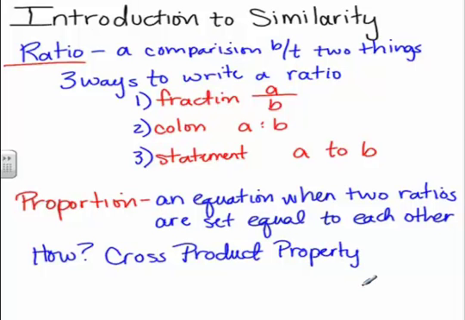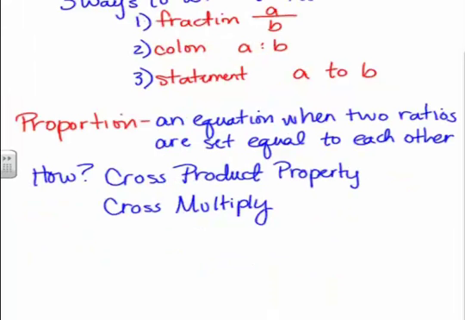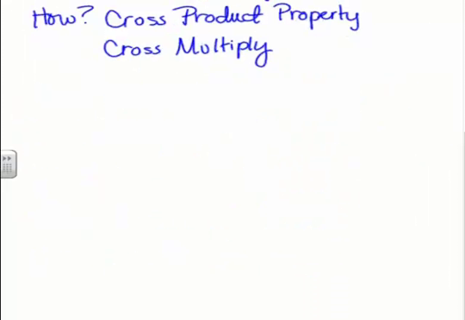And I think most of you would be more familiar with this as cross multiply. So let's do just that. Let's look at a couple of proportions and solve them out, trying to find the unknown information. All right, first example.